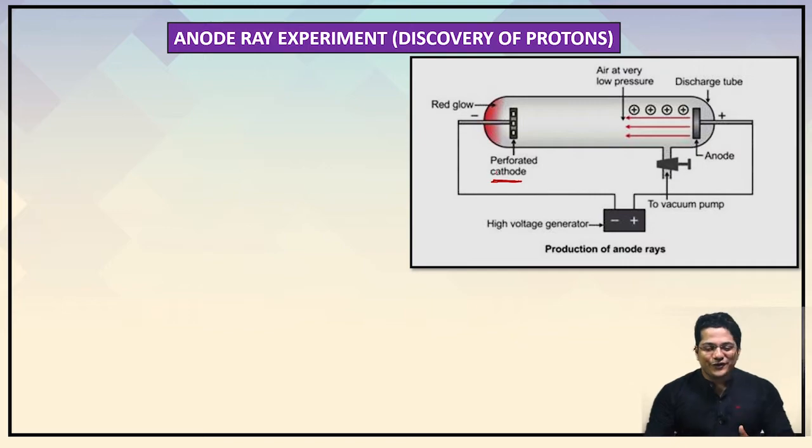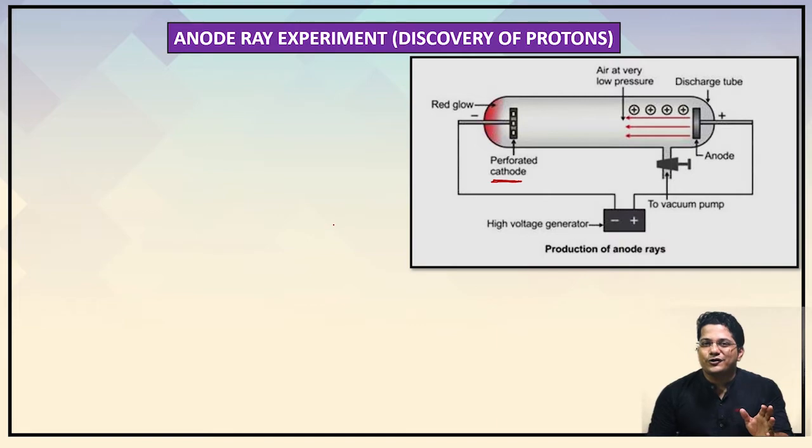Moving on further, again I have a Crookes tube connected to a very high potential difference, again 10,000 volts. I have connected it to a vacuum pump, and because of that I have a pressure of somewhere around 0.1 atmospheres. Everything happens the same.